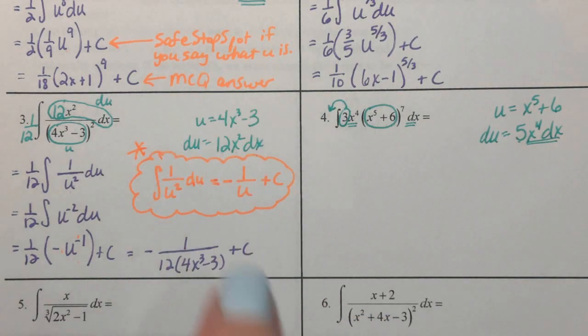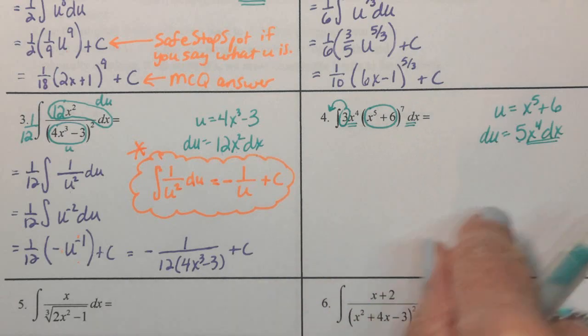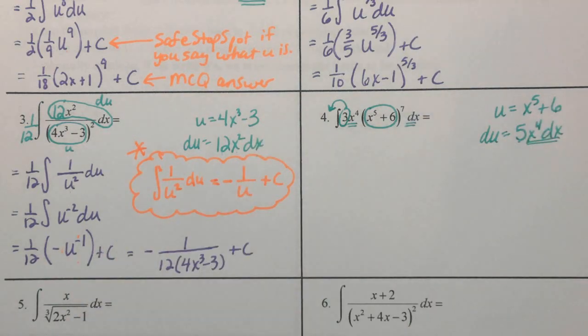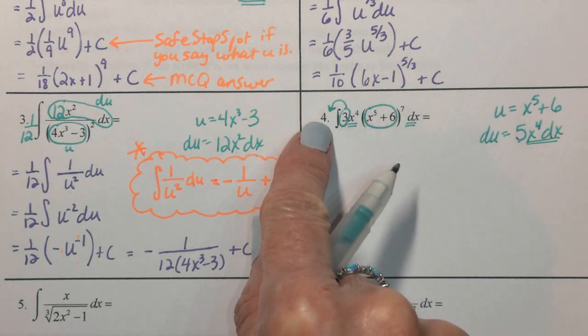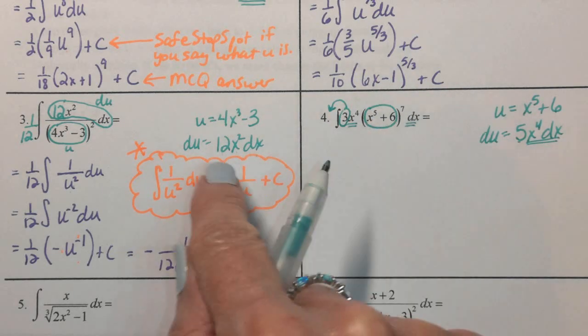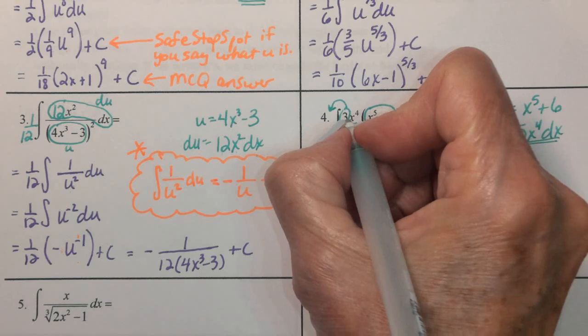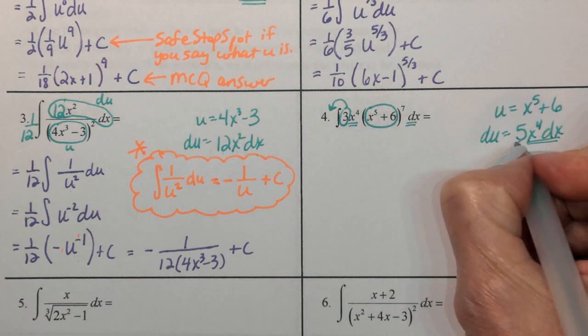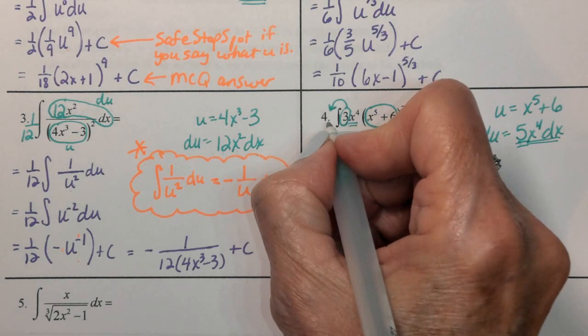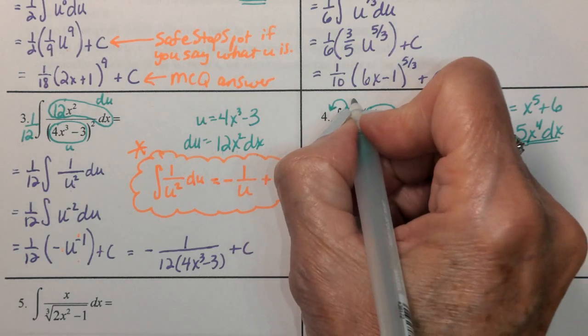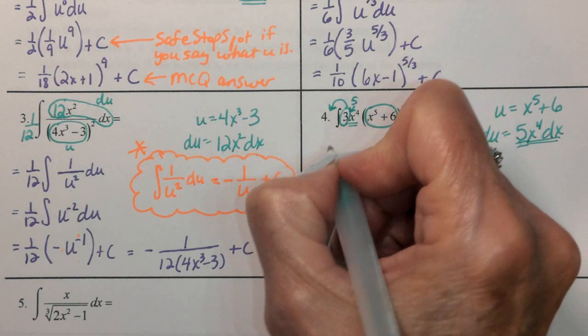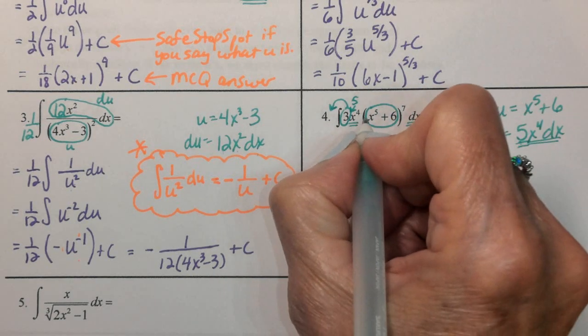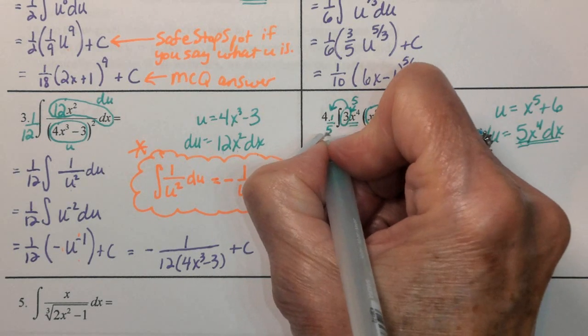By the way, you can never take an x outside the integral. No x's can be outside of the integral, only a number. I want the 5 in there though. So I'm going to take the 3 out as a 3 and multiply a 5 in. But that's changing it, so I'm going to multiply by 1/5 on the outside.